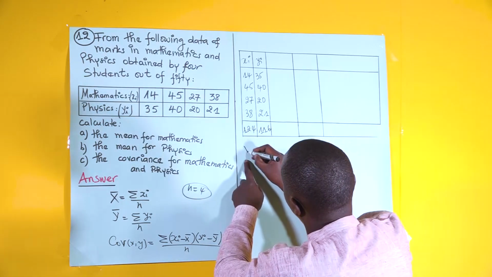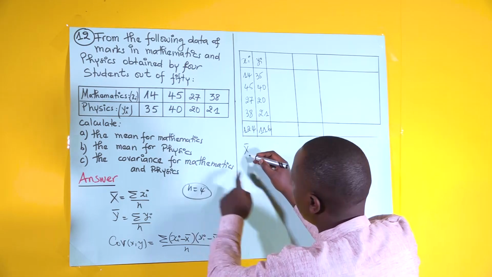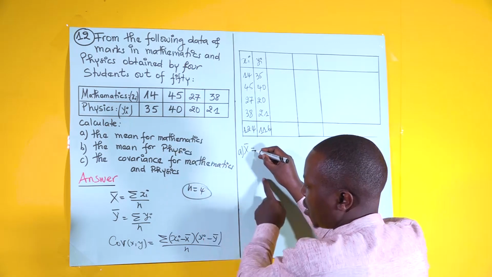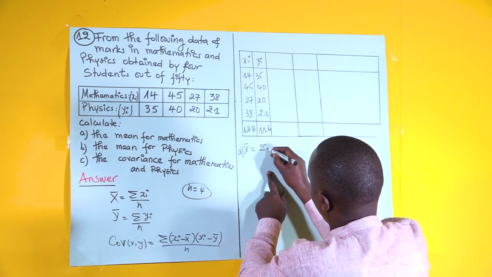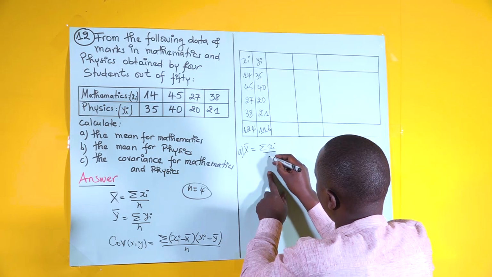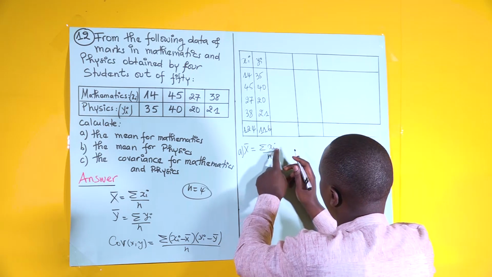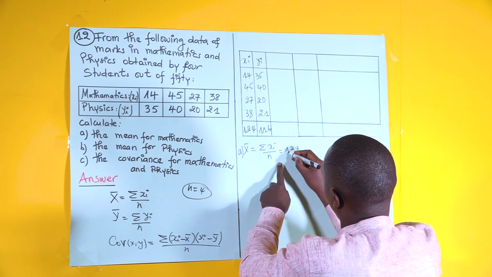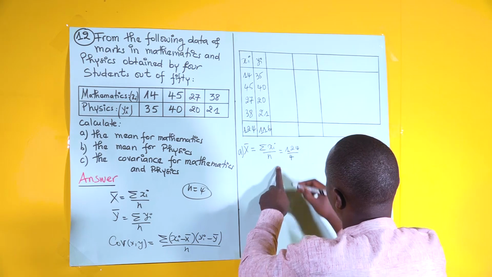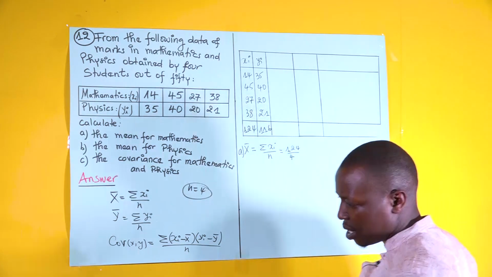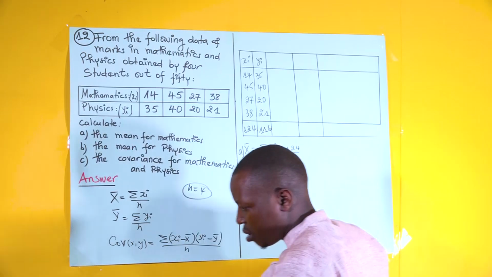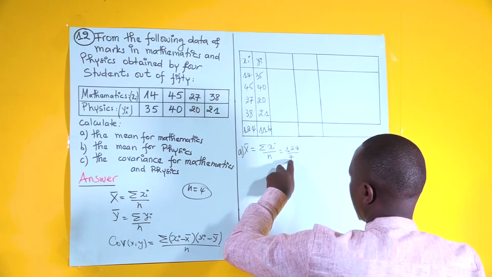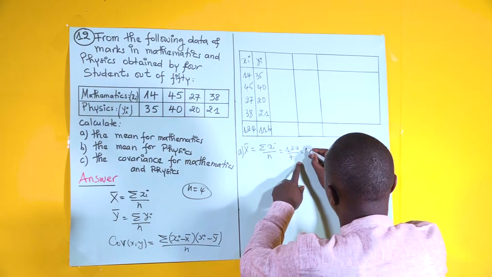So we are going to find the mean for x. The mean for x, the answer for question A, equals the summation of xi divided by n, which is 124 divided by 4. The answer here is 31.